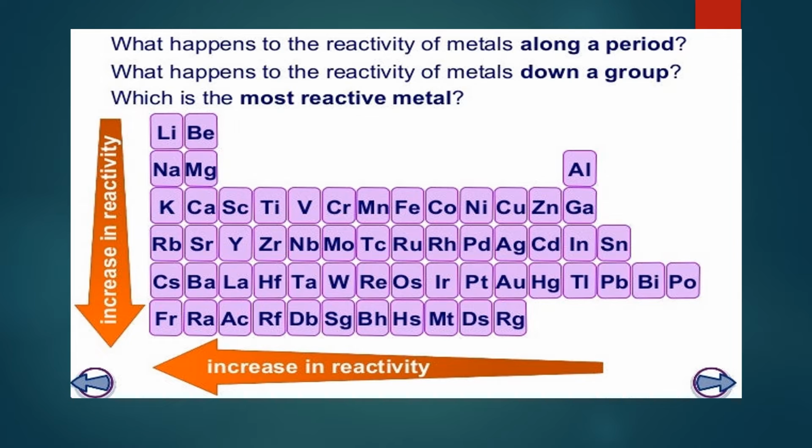So let's proceed to the second question. What happens to the reactivity of metals down a group? In a group or family, you'll notice the arrow from the top to the bottom indicating that reactivity increases. In the opposite direction, if you start from the bottom going to the top of the group, it will be lesser in reactivity.